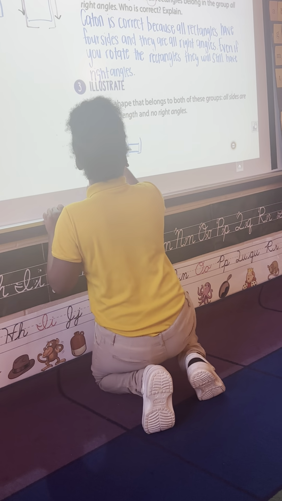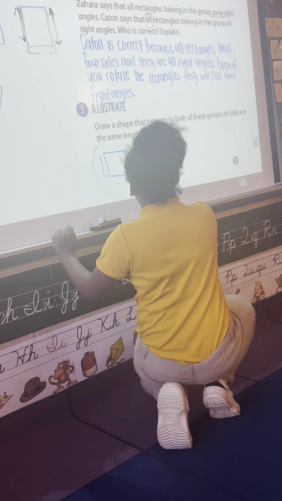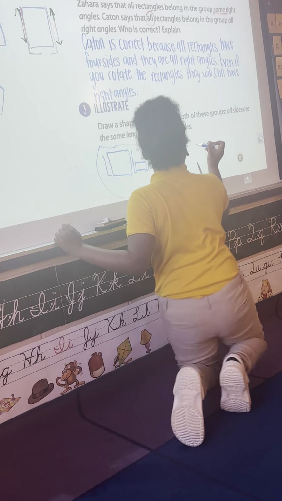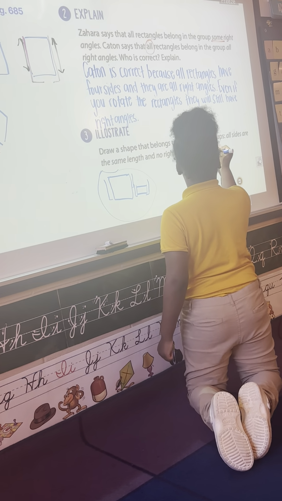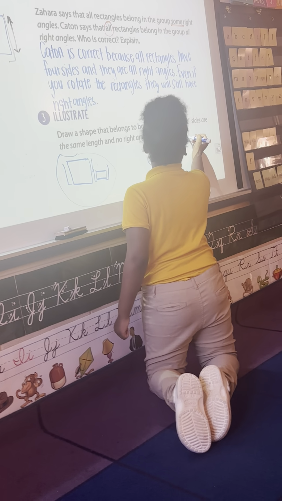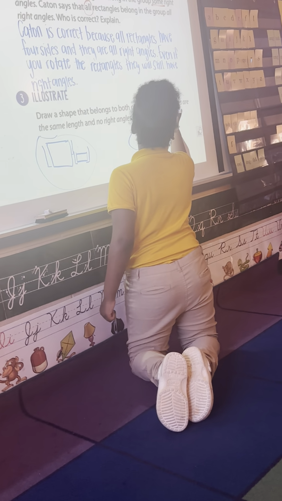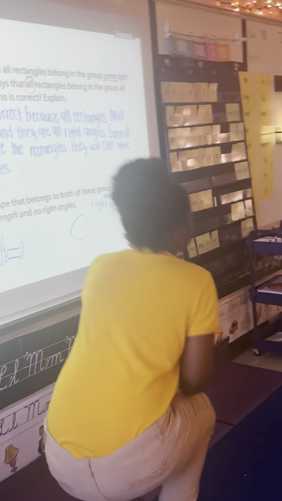So this group would be the group with right angles with the same length. And we draw a circle because this doesn't have a right angle. Okay, good job. Alright. Who else want to come in here and draw one?